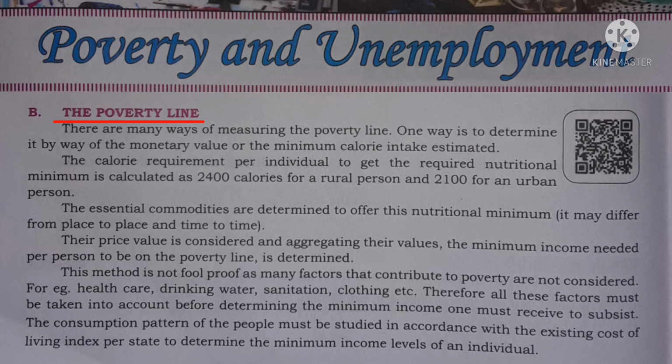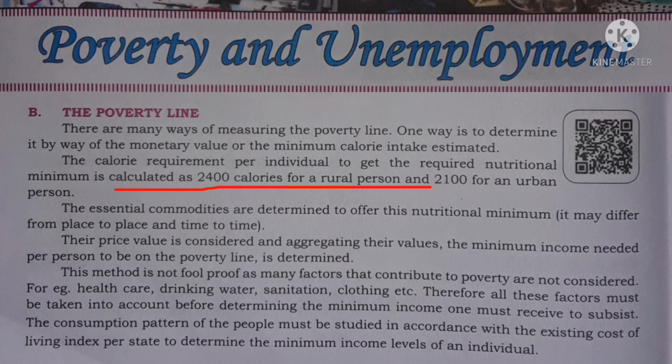The poverty line. There are many ways of measuring the poverty line. One way is to determine it by way of monetary value or the minimum calorie intake estimated. Do you know how many calories are required by a person?